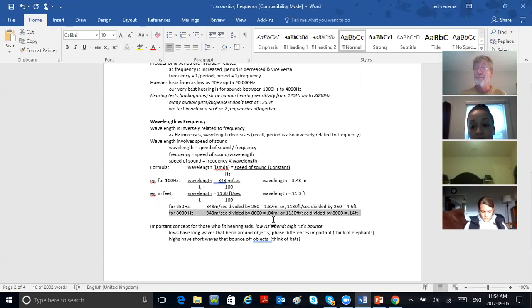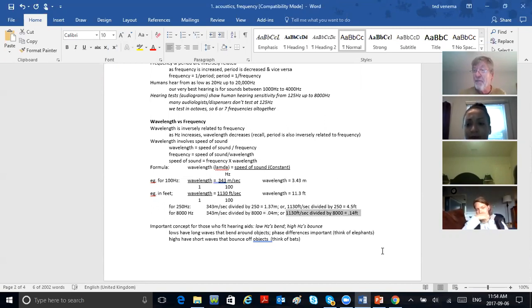That's small. Let's do it in feet. 1,130 feet per second divided by 8,000 is 0.14 feet. Just get a calculator, 1130 divided by 8,000, you'll end up with 0.14. Well, that's like a tenth of a foot. I mean, that's like an inch.